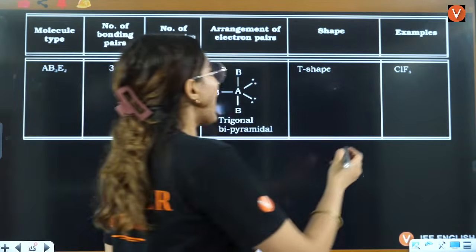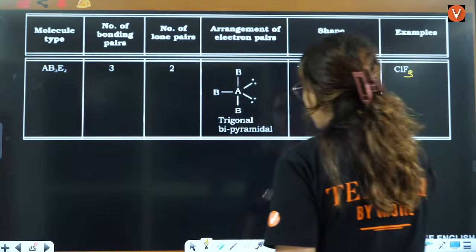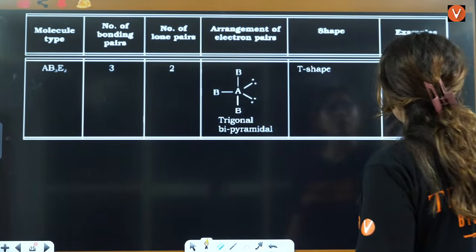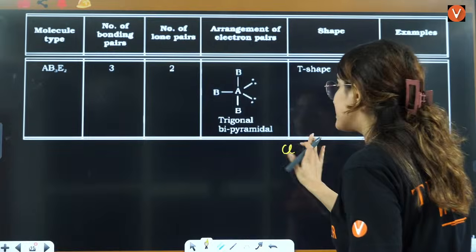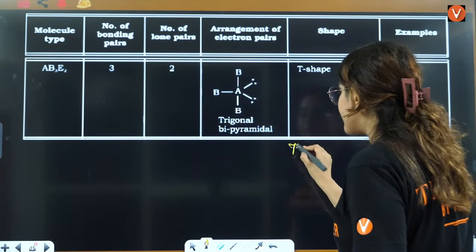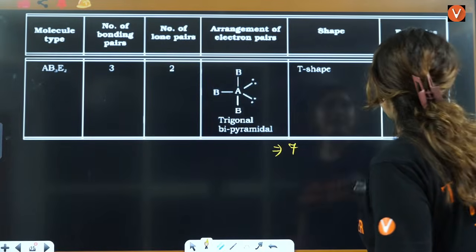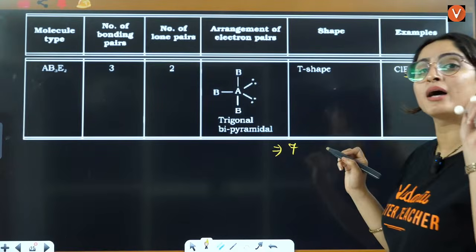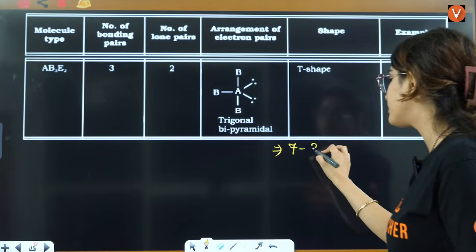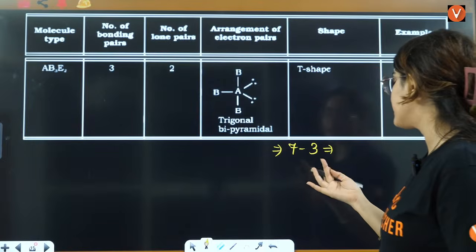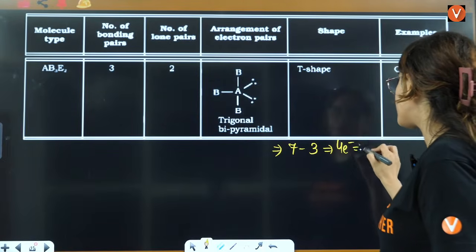Okay, then we have ClF3. Now in ClF3 again, chlorine belongs to group number 17, so it has 7 valence electrons, and 3 of them are occupied in the bond formation with fluorine. So you have 7 minus 3, that is 4 electrons, that is 2 lone pairs.